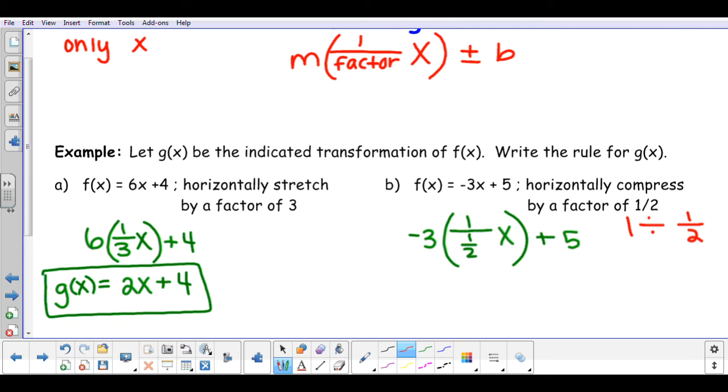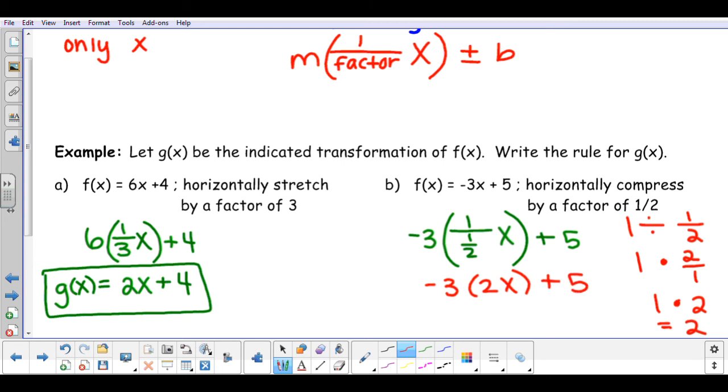So my 1 would stay, my change is with the division, and that changes to multiplication, and then I flip my fraction of 1/2, so it would become 2 over 1. 2 over the 1 is the same as a positive 2, so I really have 1 times 2, which gives me a 2. So this whole inside crazy fraction just changes to a positive 2.